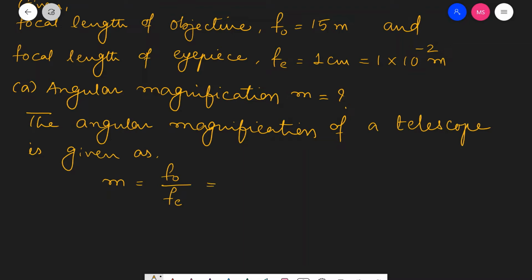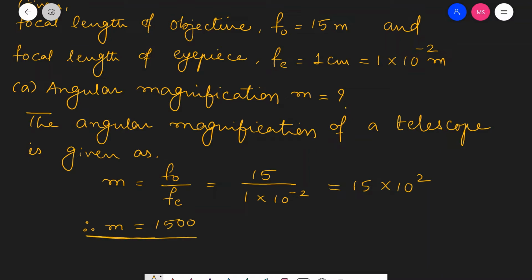So that is equal to 15 over 1 into 10 to the power minus 2, or you can say that 15 into 10 to the power 2, or therefore angular magnification m is equal to 1500. So the angular magnification of the telescope in this example will be 1500.